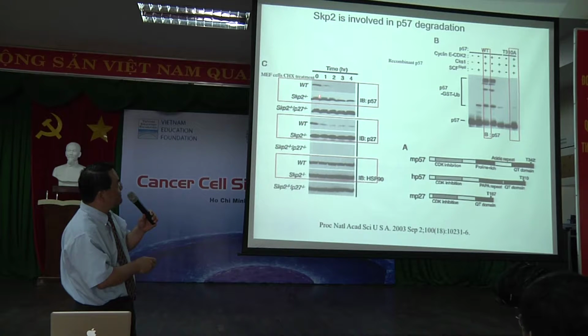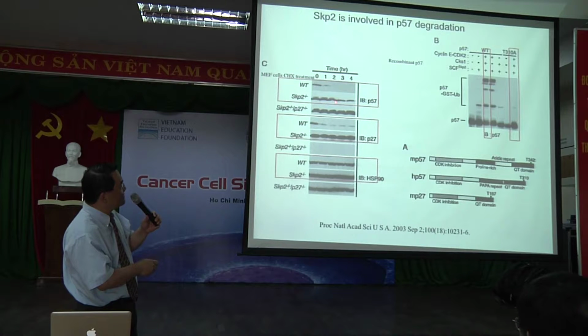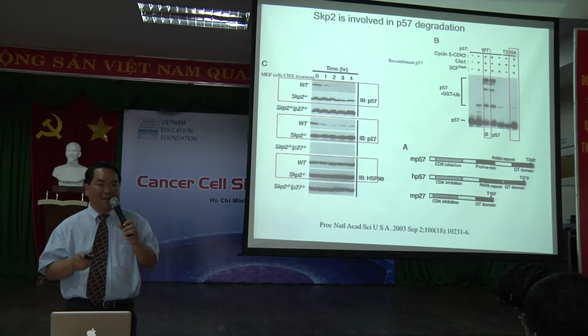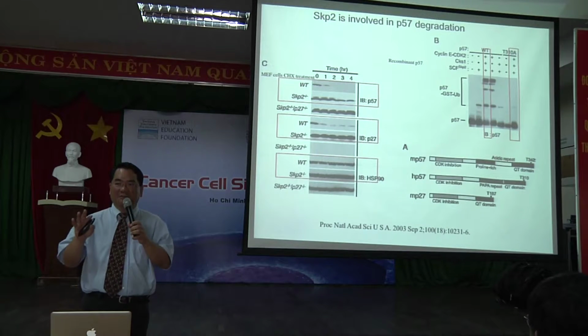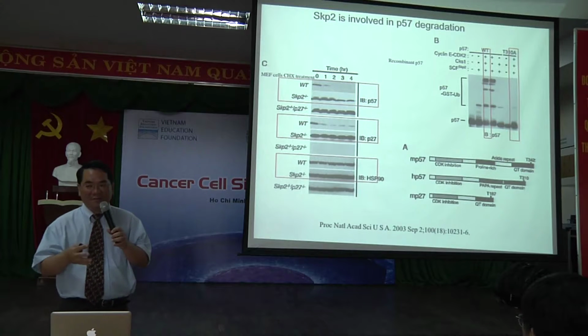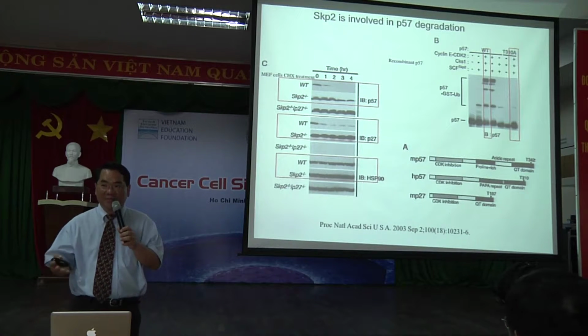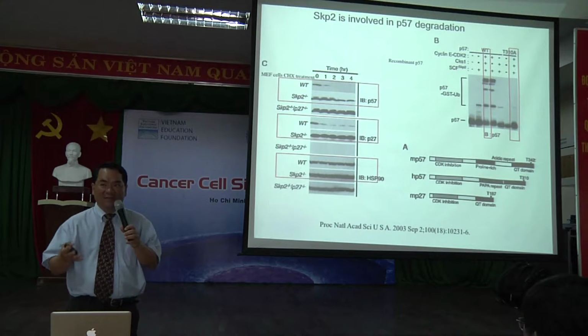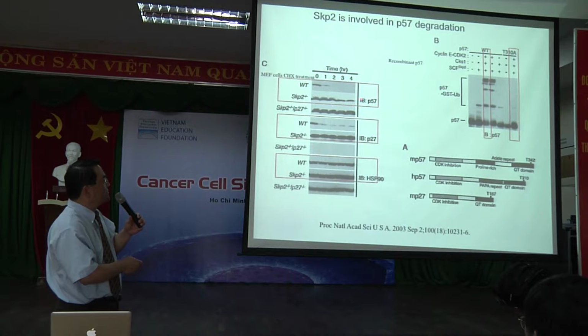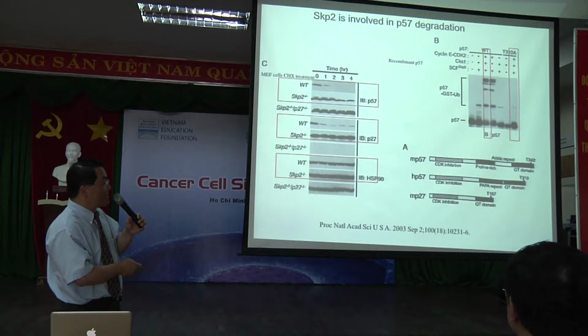But if you look at the P57 level in the SKP2 null cell, compared with the wild type, the P57 protein seems to be very stable, indicating that without SKP2, P57 is very stable, because SKP2 cannot recognize P57. Without SKP2, P57 will not be recognized by the SCF complex, thereby P57 degradation got compromised.